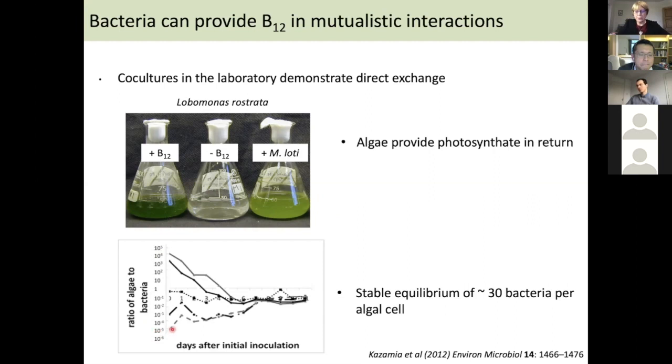And then we grew them over several days, and they reached this stable equilibrium of about 30 bacteria per algal cell. And this is characteristic of microbial communities. This is a very simple community of 2 species, with a mutualistic exchange of compounds between the organisms, so they regulate one another's growth.